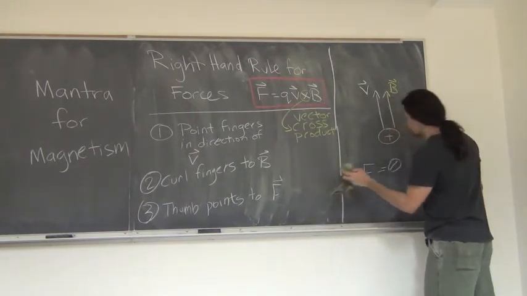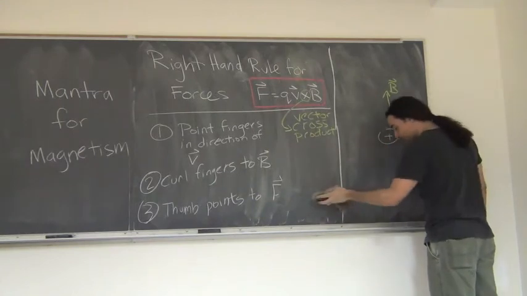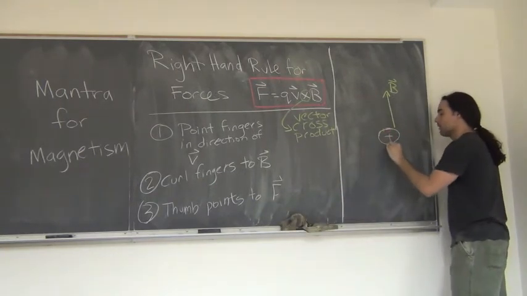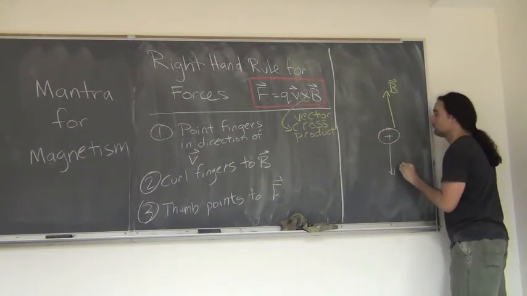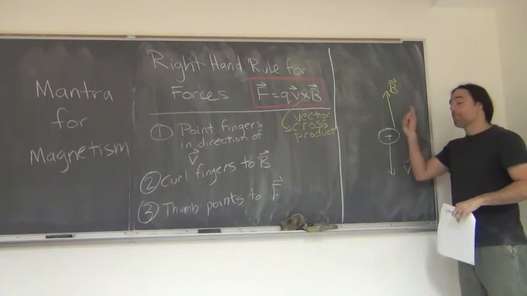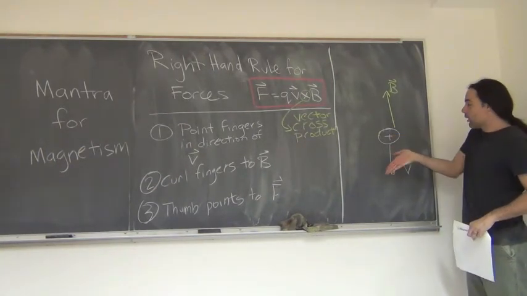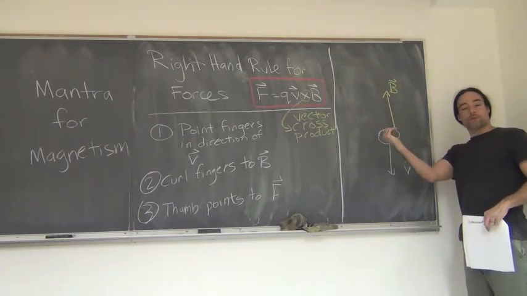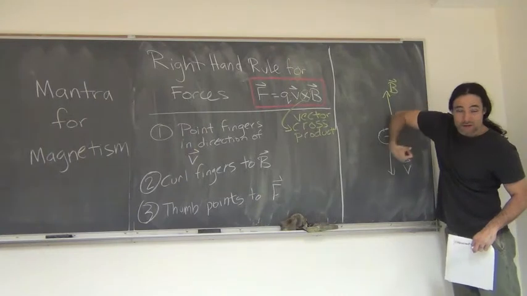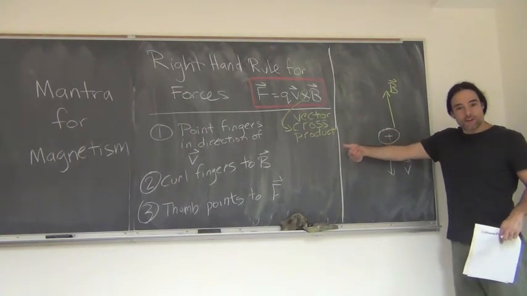The same thing is true if the velocity and the field are pointing in opposite directions of each other. So if my particle is moving down and the magnetic field points up, well, I would point my fingers down, and then to go up, I could curl this way, which would give me a force pointing in, or I could curl around the other way, which would give me a force pointing out, or I could curl this way, which would give me a force pointing this way.